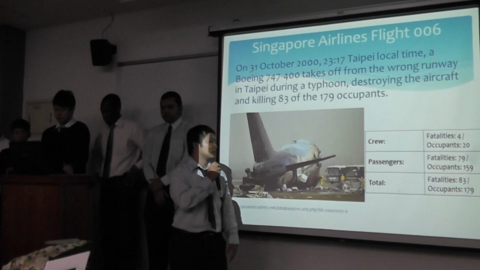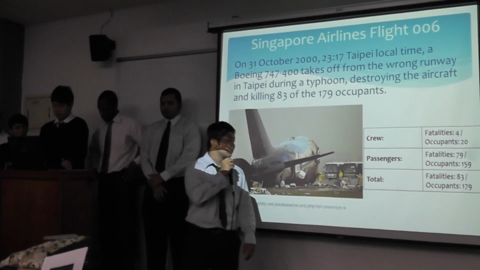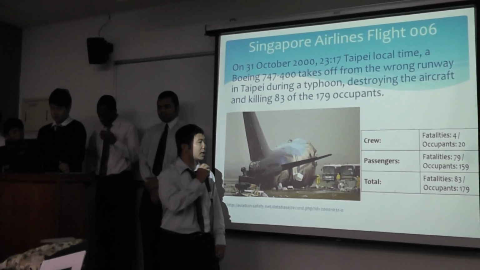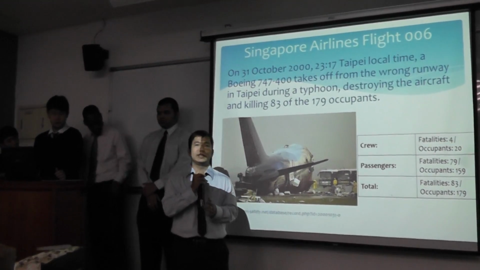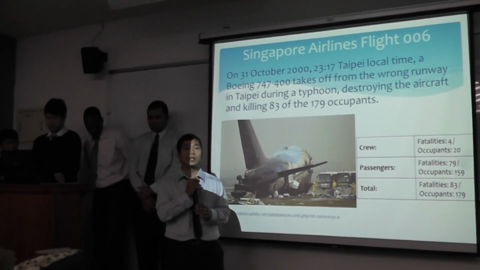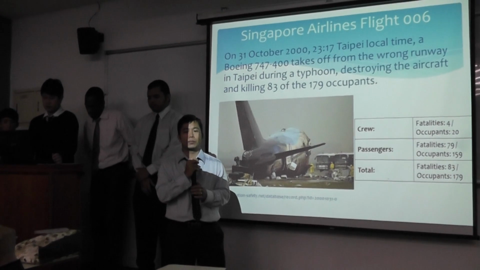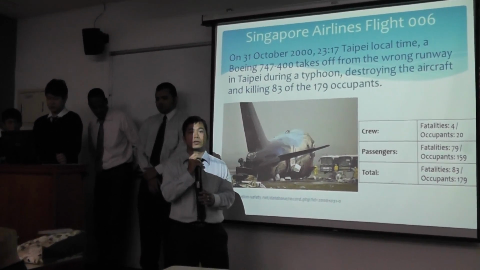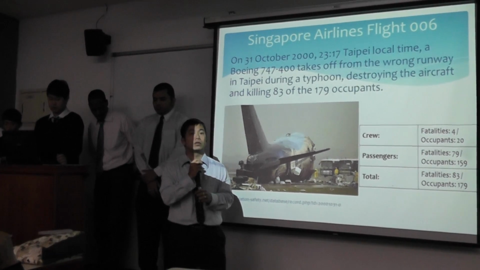So 83 people died in total out of 179. So even though airline accidents rarely happen, when they do, a lot of people die. Actually, the probability of survival is very low. You don't have any chance to survive at all.